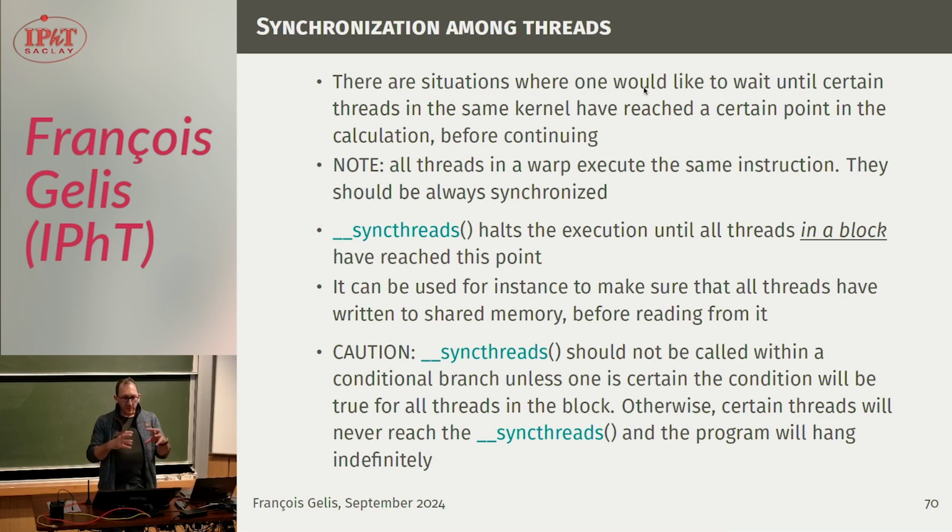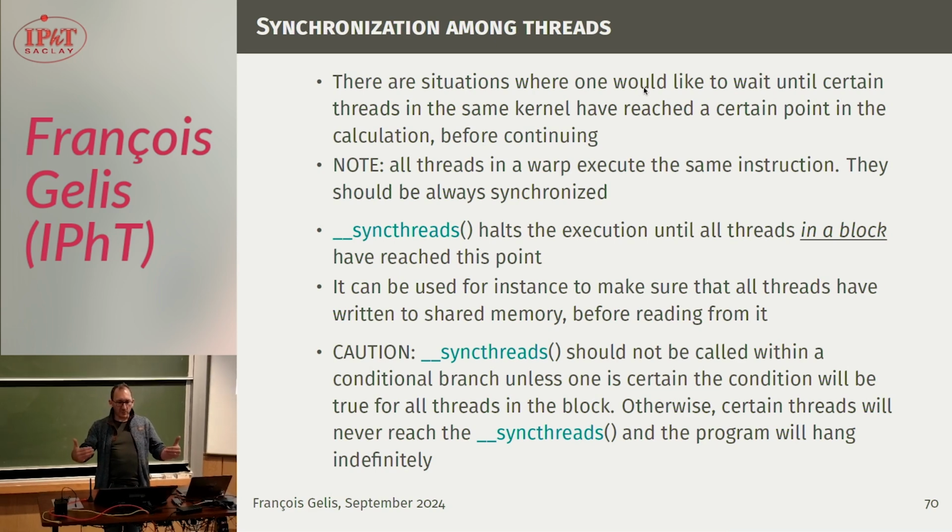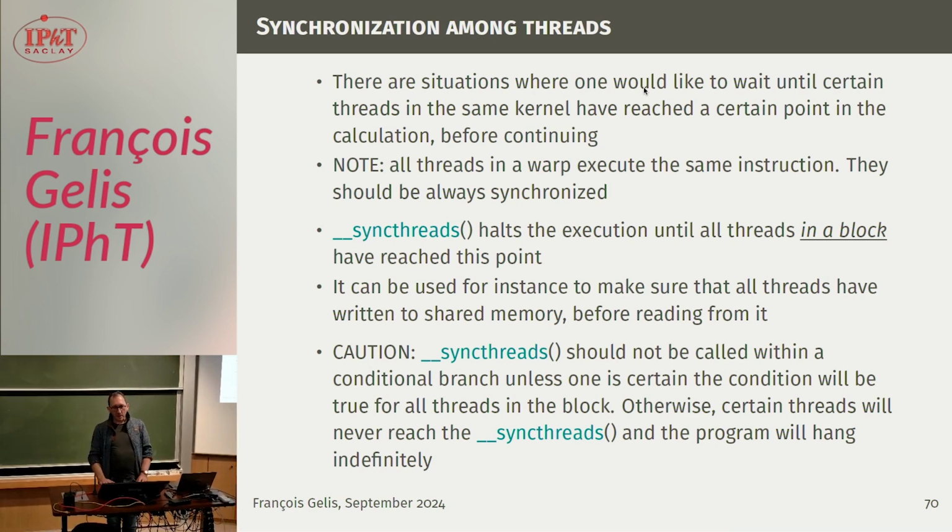The next level is that of a block, the size of which you define when you call the kernel. There is this function, with 2 underscores, sync threads, and there is no argument between the parentheses. You place it in the CUDA kernel, and it will halt the execution until all threads in the block have reached this point.